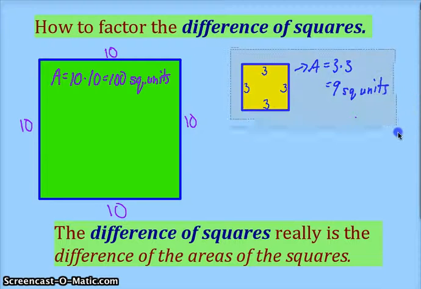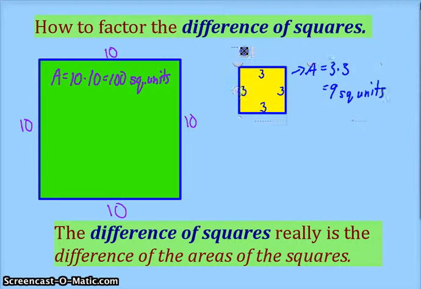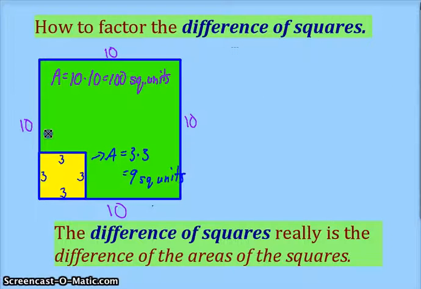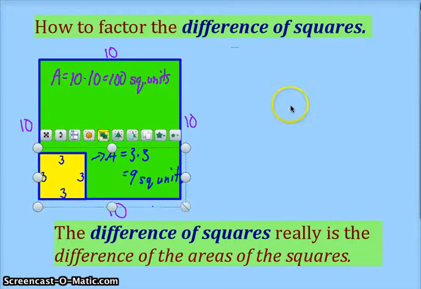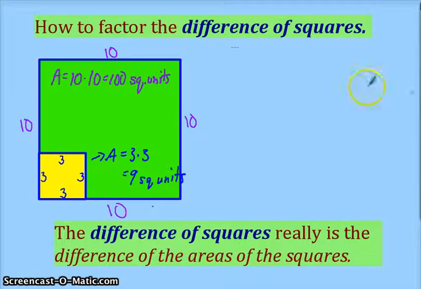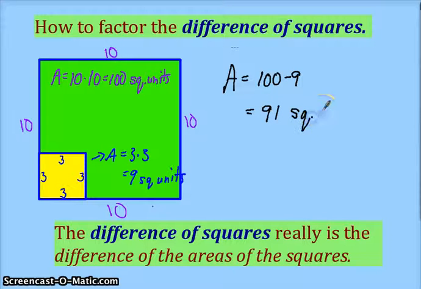So when I take away the little square from the big square, what's the difference? What is the area that I am left with? As you can see, the area that's left over is going to be 100 minus 9, or 91 square units.